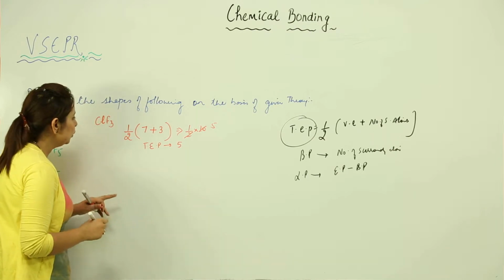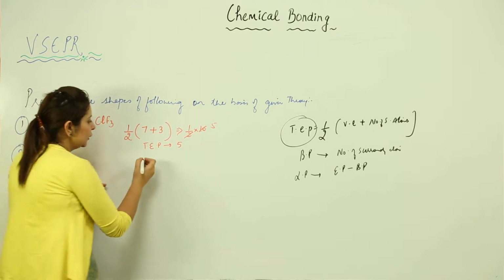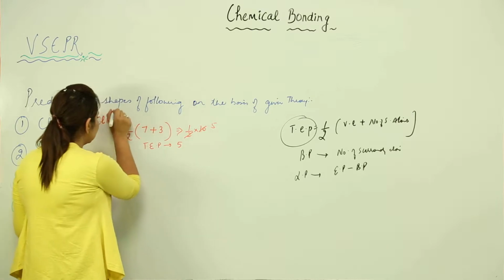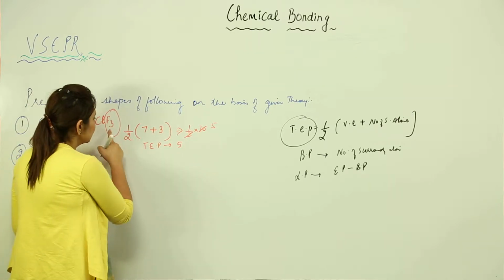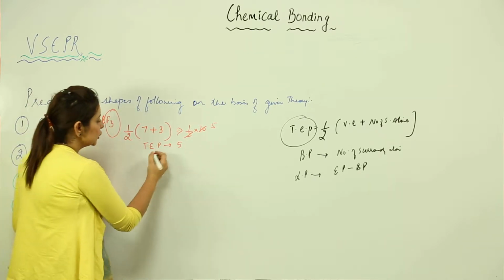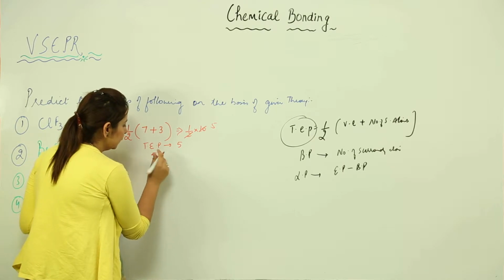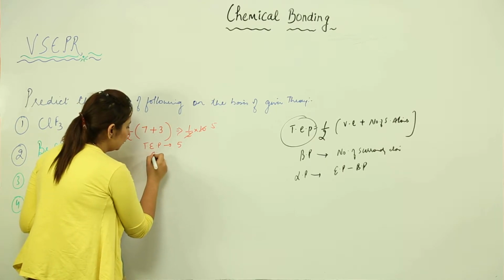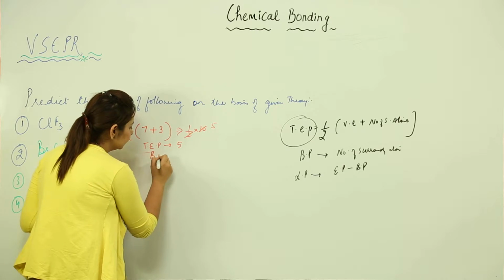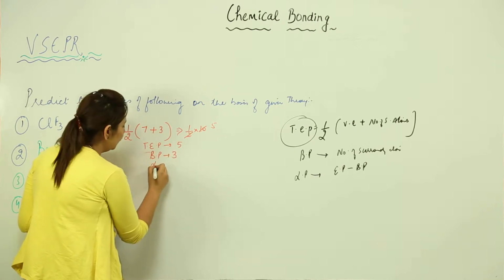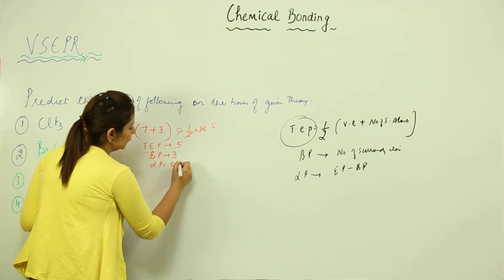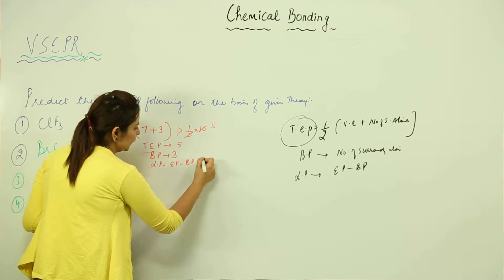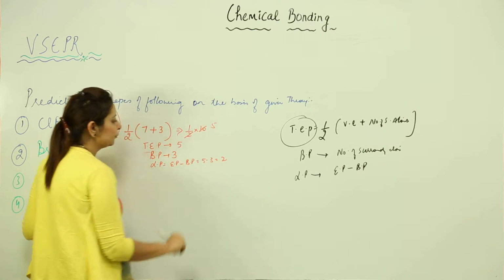Now we want to know how many are the bond pairs. The surrounding atoms indicate the bond pairs. How many surrounding atoms? You can see 3. So the bond pair is 3, and the lone pair is the total electron pair minus the bond pair, so 5 minus 3 comes out to be 2.